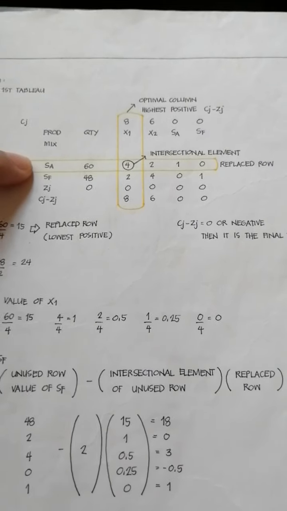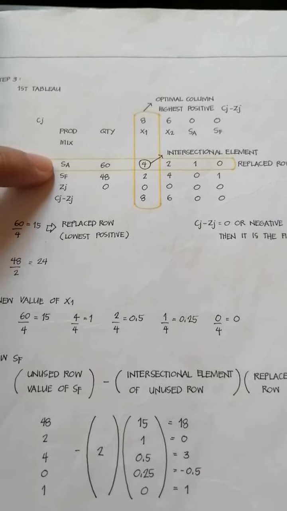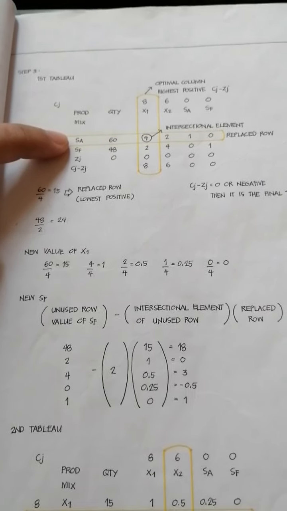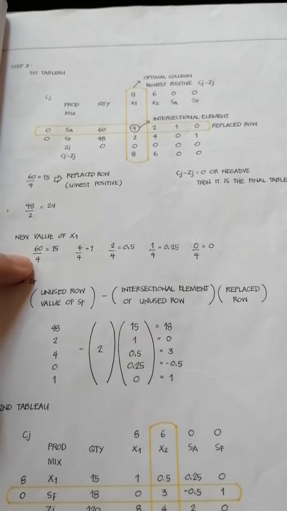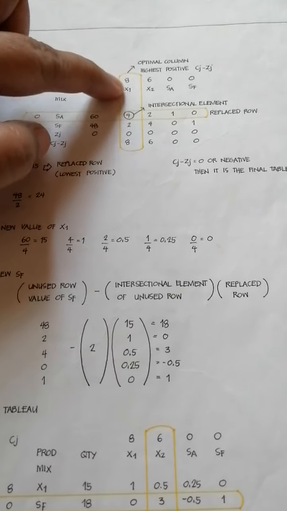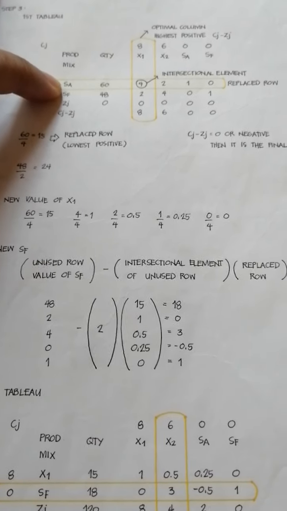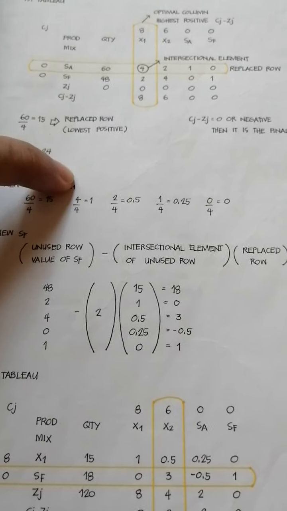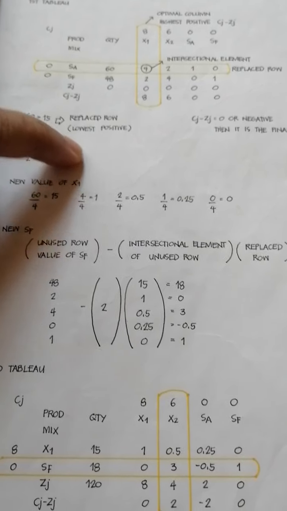So this will be your replace row, the row wherein you have slack variable SA. Okay. So now what will be the next step? You have to compute for the new value of your x1. The x1 value that you have here for the optimal column will replace SA in the replaced row for the variables. That's why you have new value of x1. How are you going to compute it?